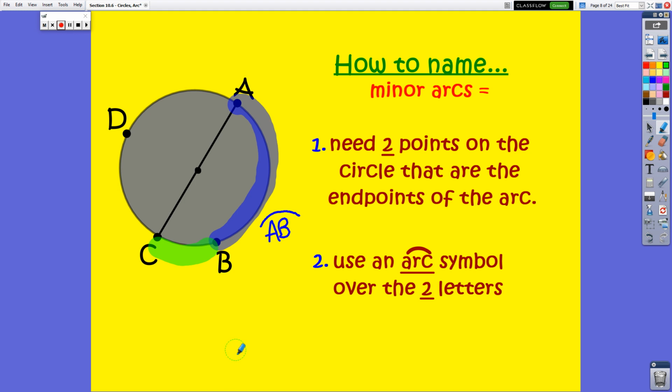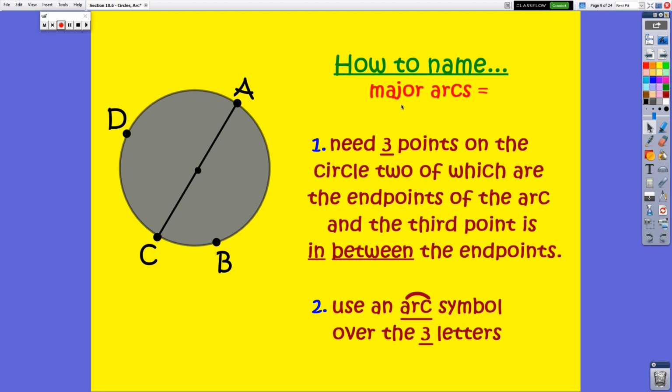That's less than half of the circle. So again, I could name that. Let me grab the green here, maybe. Yep. We could go arc BC. And likewise, we could name some other arcs in here, like here's arc AD, here's arc DC. All 4 of those arcs are technically less than half of the circle. So there are some examples for minor arcs.